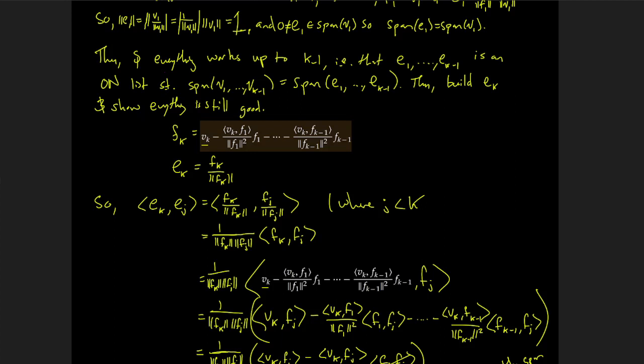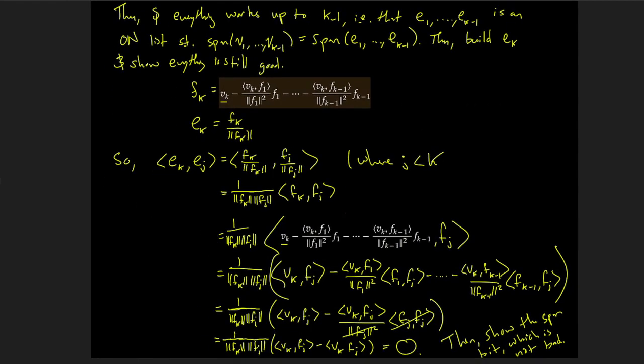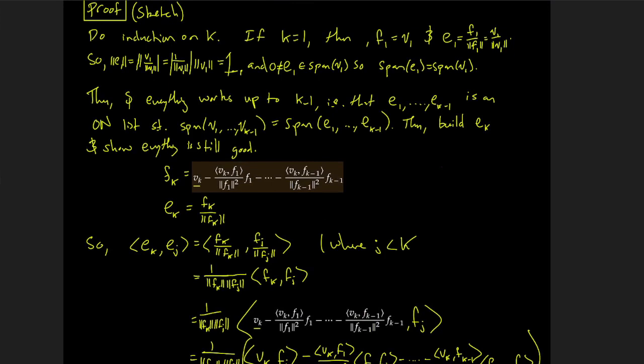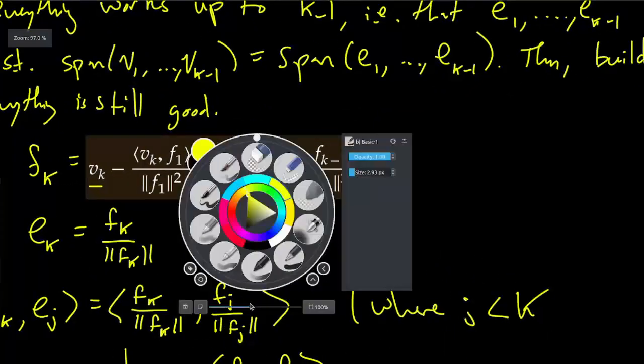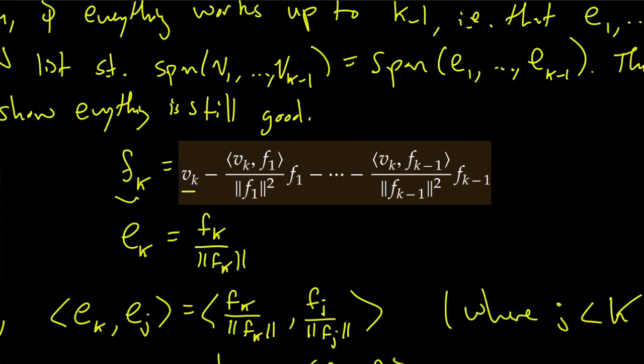If you don't believe that, I claim that you can see most of this just from looking at the fact that fk is vk minus a bunch of stuff. Here, let me zoom in a little bit closer so this is super clear. All you have to do is look at the fact that fk is equal to vk and then minus a bunch of stuff in terms of f1 through fk minus 1.